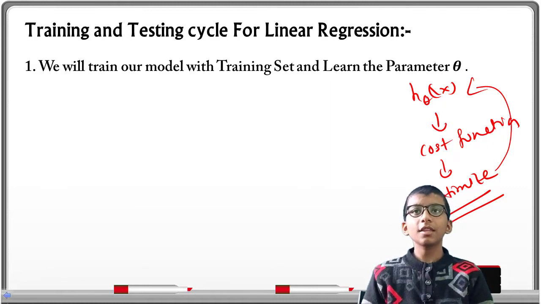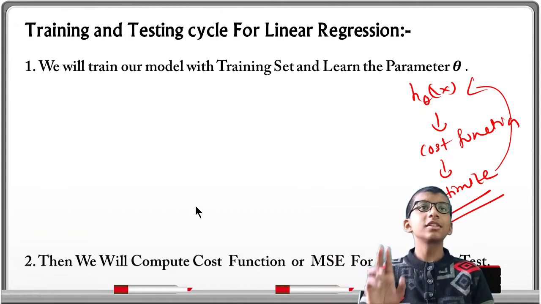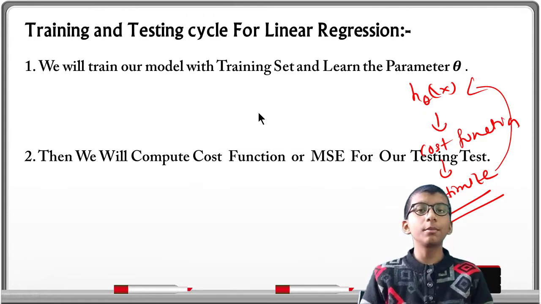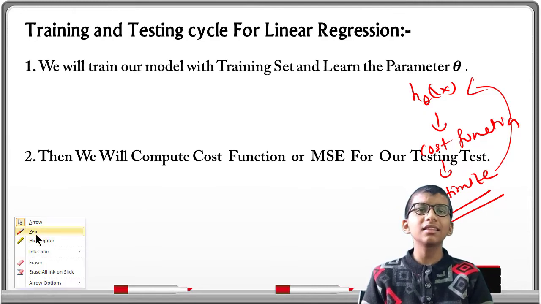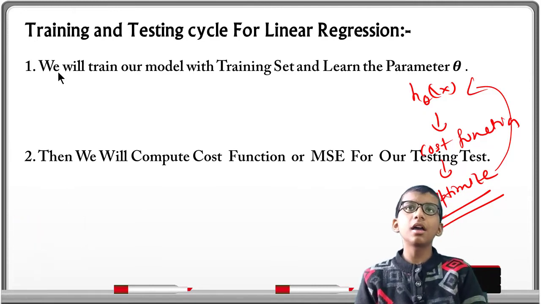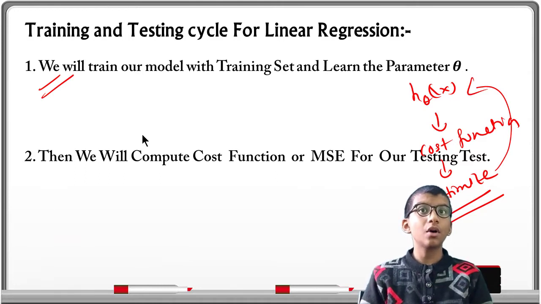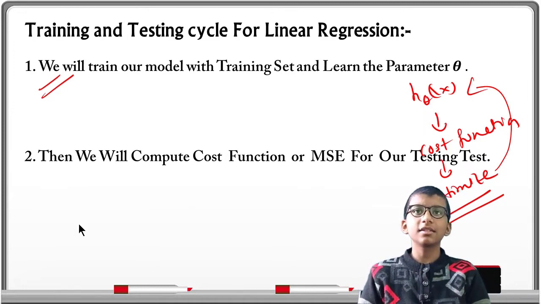And you can simply think of it as, let's say we have trained the linear regression model. The second thing is that we will compute the cost function, or mean squared error, for the testing set. We have trained the model with this data, so if we give new data, this test set will be the new data for that particular model.